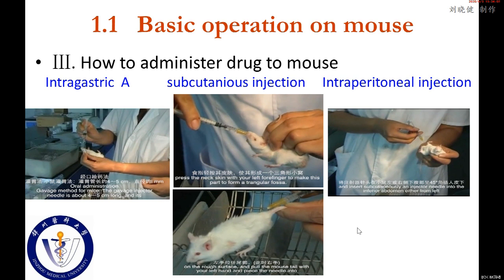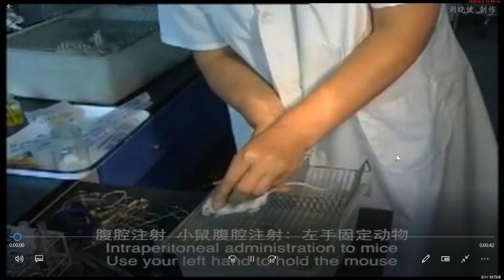So, let's study intraperitoneal injection. It is very common, secondary to the intravenous injection. During experiments with mice, intraperitoneal injection is very common. Now, how to do this?